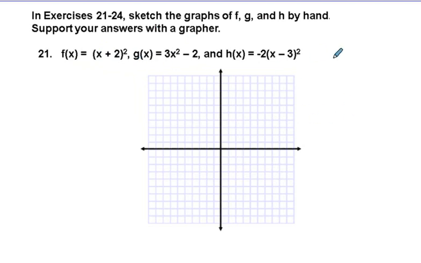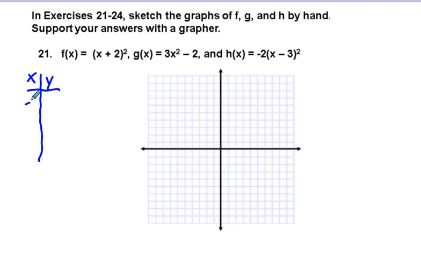And so for this set here, 21, f, g, and h, we're going to be using the quadratic function, which is going to go like this.